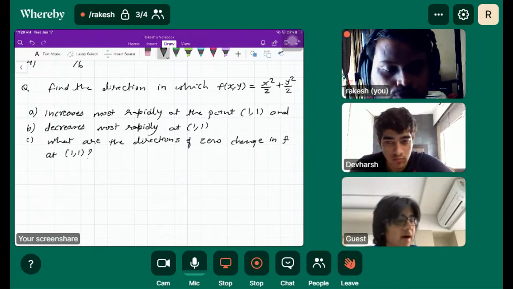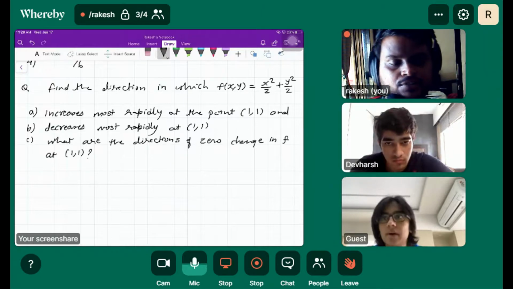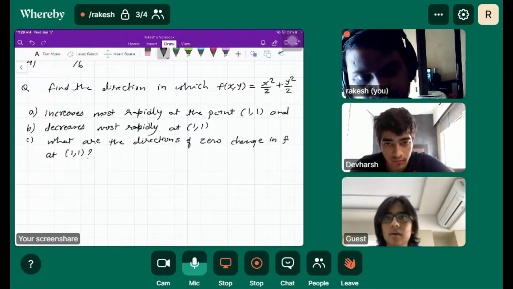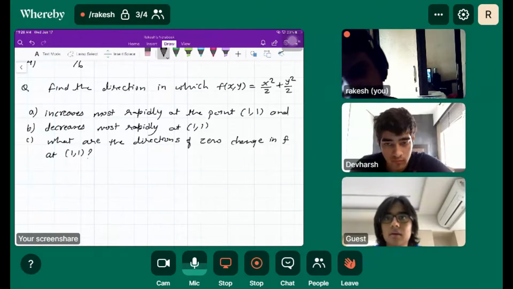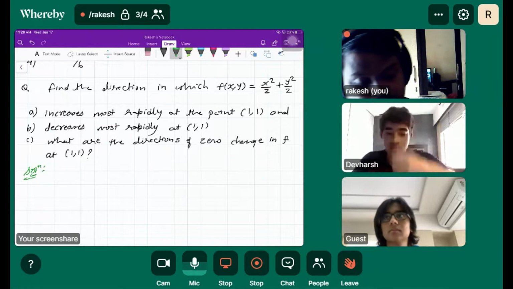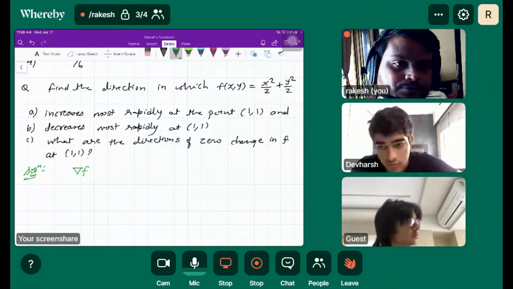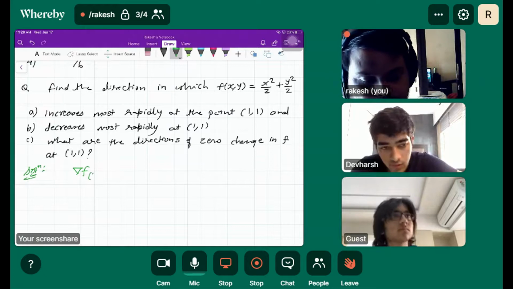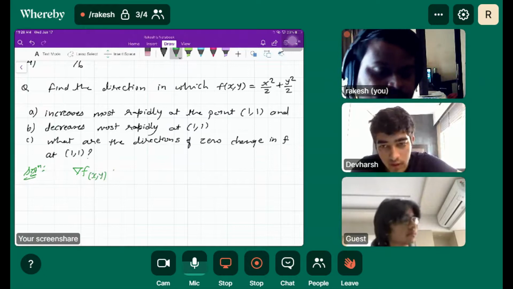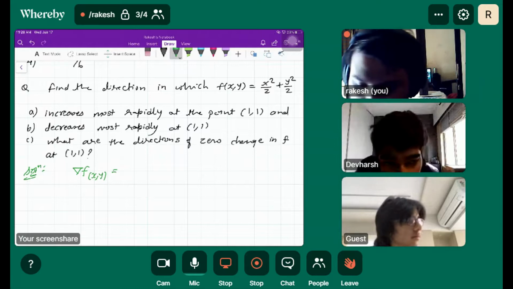So once we find the gradient, which is 1 comma 1, gradient vector. See, for gradient vector, let me do this. I think you guys are a little bit confused somewhere. So, for gradient vector, I got 1 comma 1, minus 1 comma minus 1 for the second one.